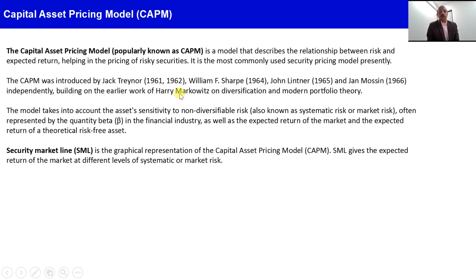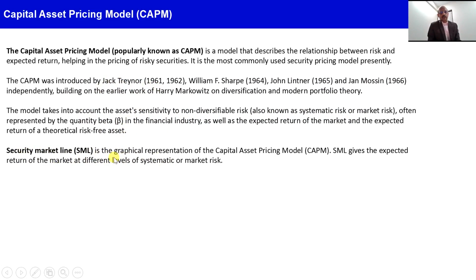They used the theory of Harry Markowitz, the modern portfolio theory, and built upon that to create this CAPM model, which basically means assessing the sensitivity to the non-diversifiable risk, also called the systematic risk, as I explained, which is quantified as beta. So these gentlemen created this model and represented it through a security market line instead of the capital market line.